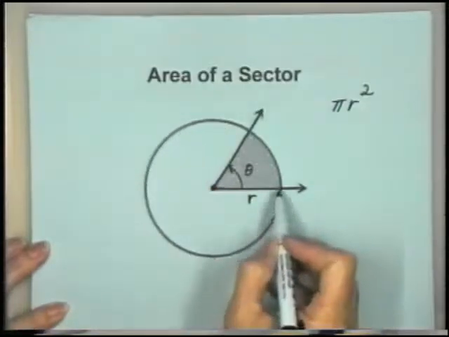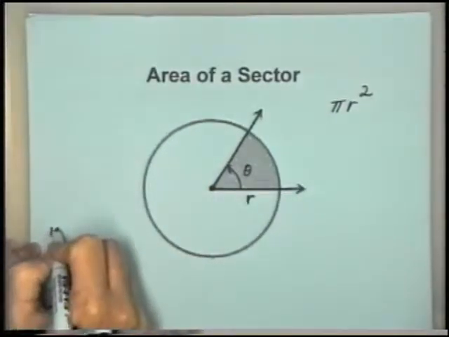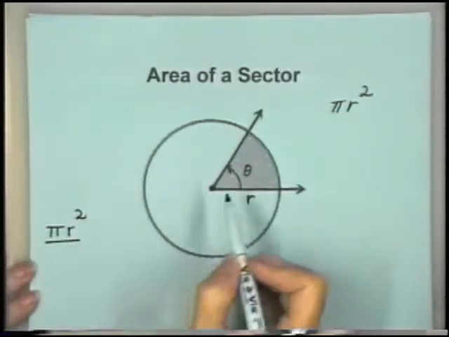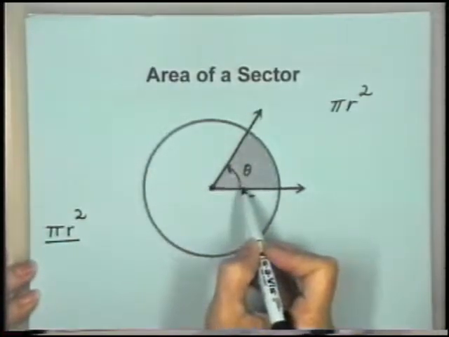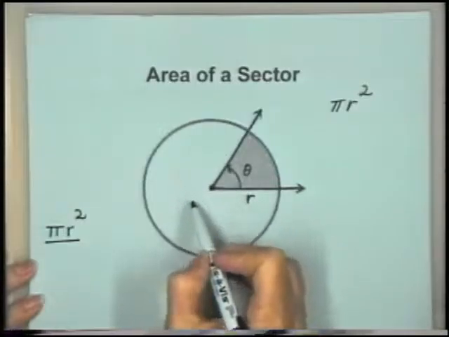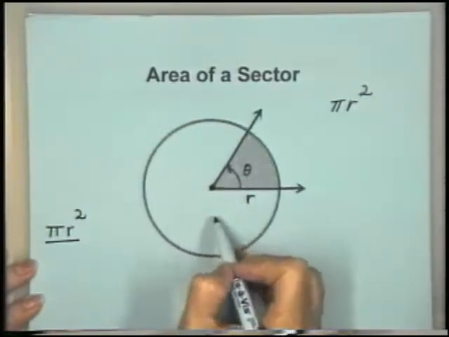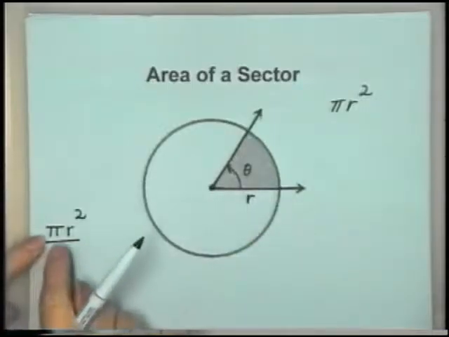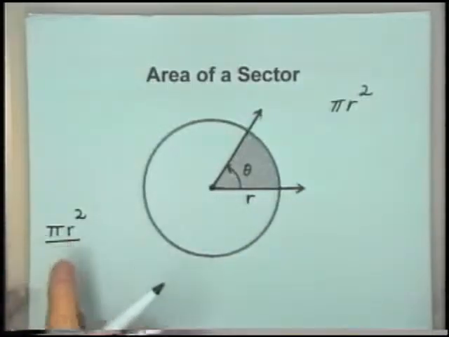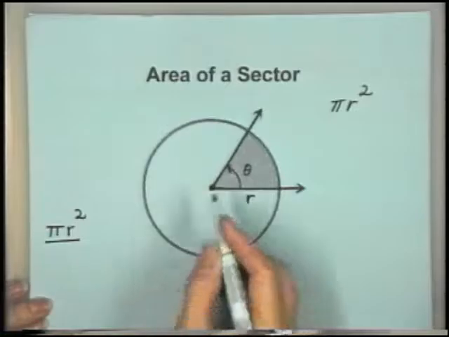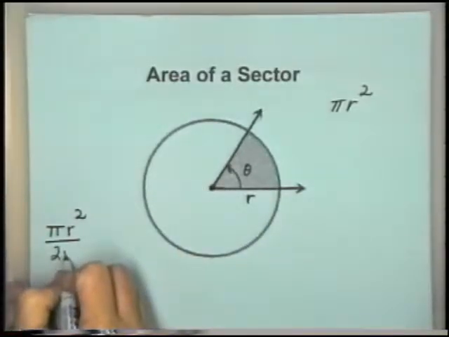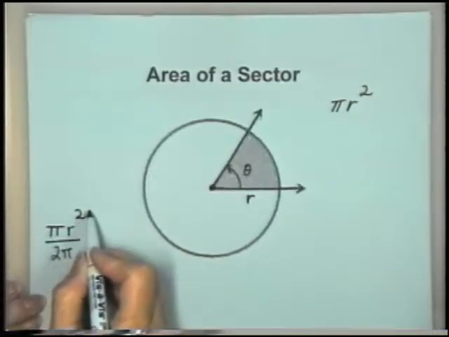I know that the area of this whole circle is pi r squared, and it is to the central angle of this whole circle. And what is the central angle of a whole circle? We want it in radians because we've already got our pi radians. This central angle for the whole circle is 2 pi.